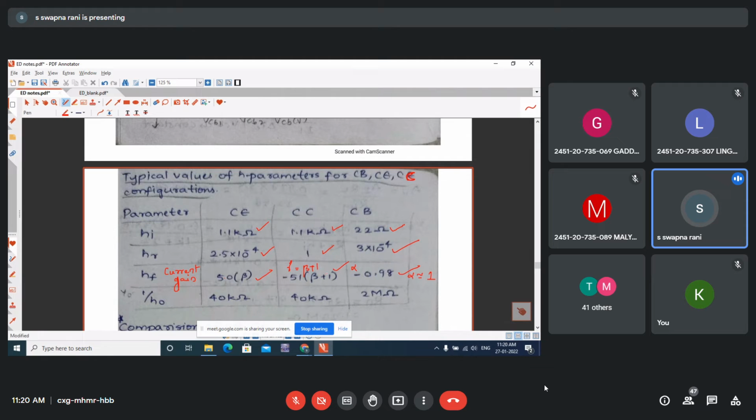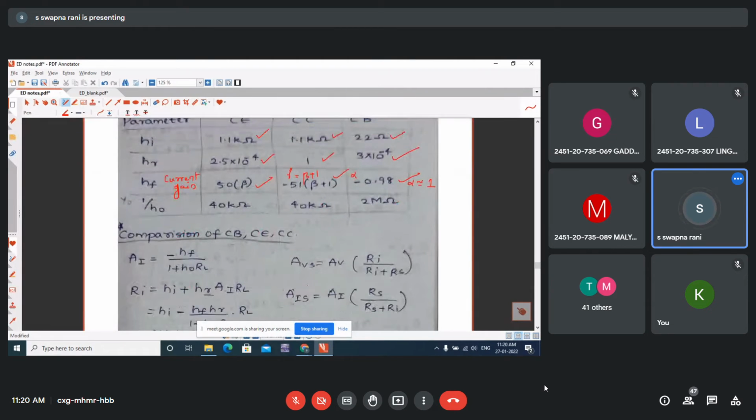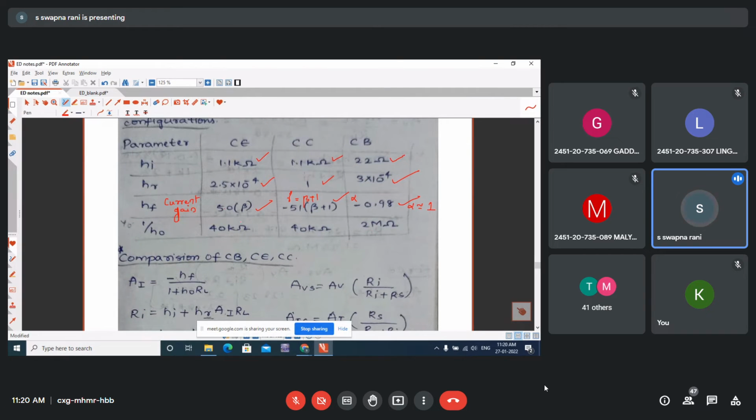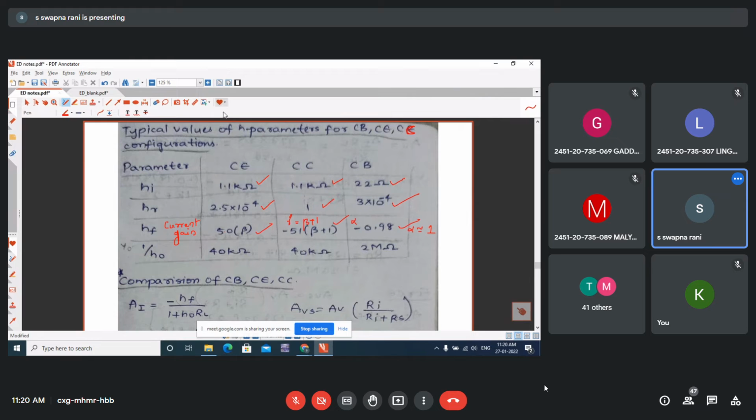This minus indicates that there is a phase difference of 180 degrees between the input and output signal. And these are the output impedances of common base, common emitter, and common collector.